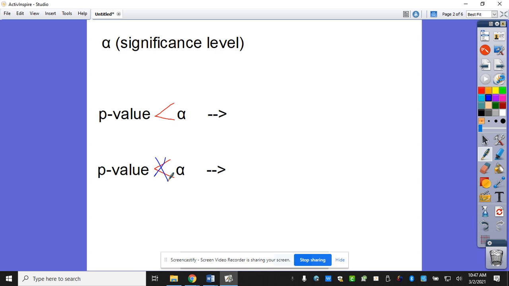really small, then we do what to our null hypothesis? So our p-value is small, a low p-value means we what? What do we do to this? Reject the null hypothesis.